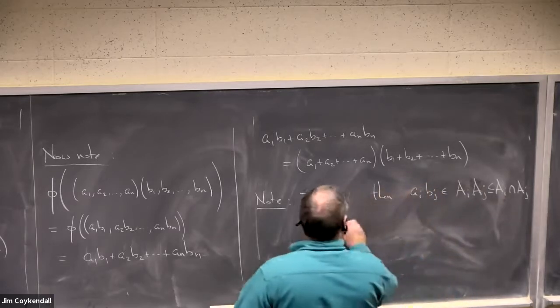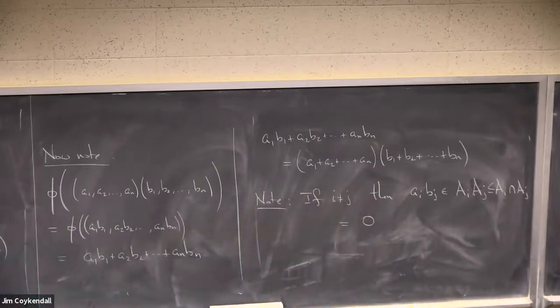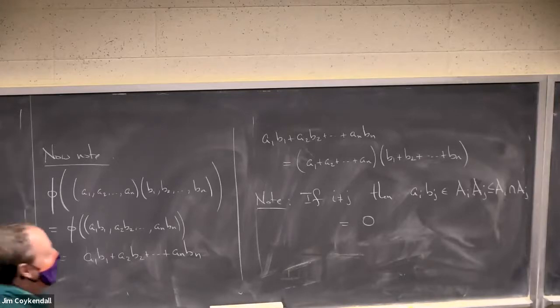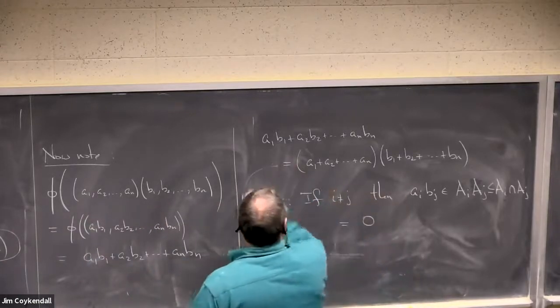And this is zero by this assumption. Because not only is A_i intersect A_j zero, actually A_i intersect the whole sum of everything left over is zero. So this is going to be zero as well. And so this is bona fide.